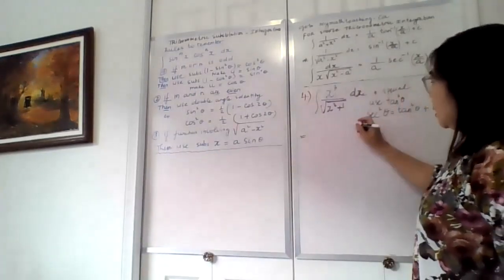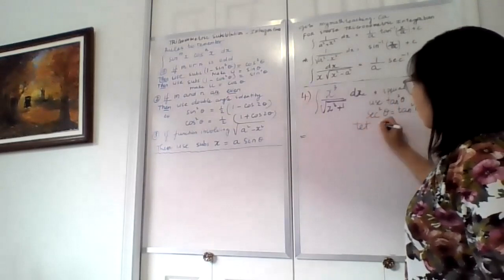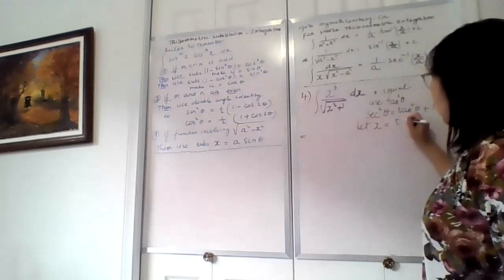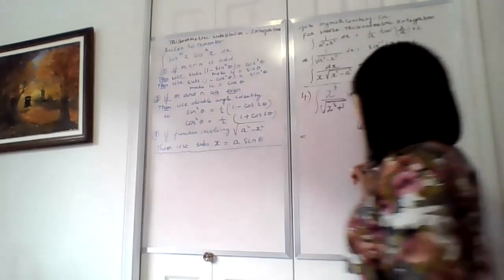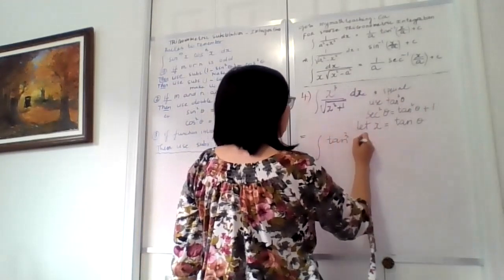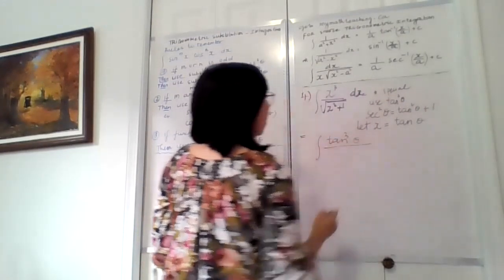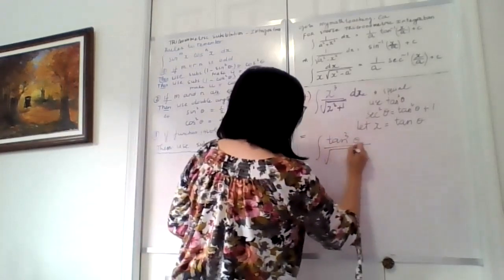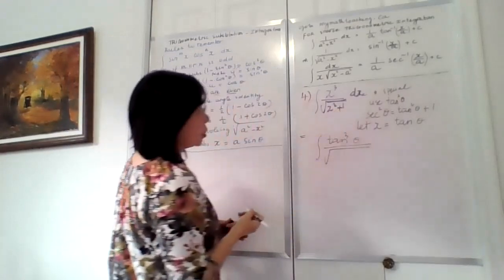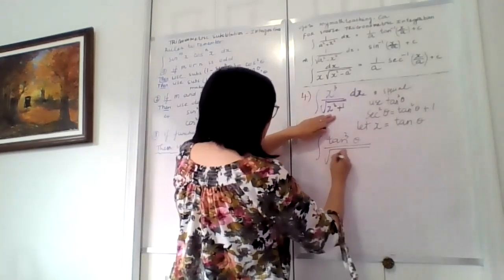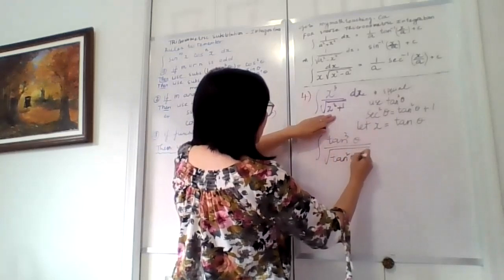So I'm going to say let x equal tan theta. So now I will substitute this by tan cubed theta over square root of x squared plus 1. So I say substitute this by tan square theta plus 1.